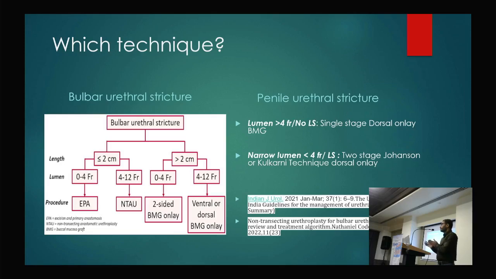But if the stricture length is more than 2 centimeter and the stricture is near obliterative or obliterative, then we have the option of only double face urethroplasty. Now for less than 2 centimeter with a good urethral lumen more than 4 French, a new role is coming with non-transecting urethroplasty. But if the stricture is occlusive and less than 2 centimeter, then we still have the option of excision and primary anastomosis.